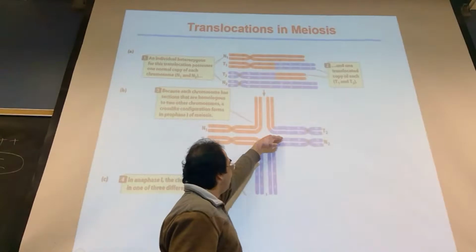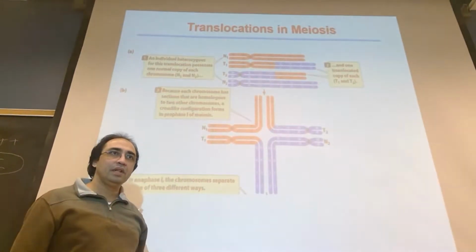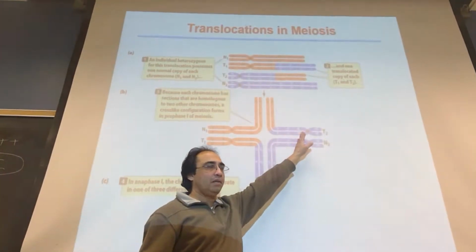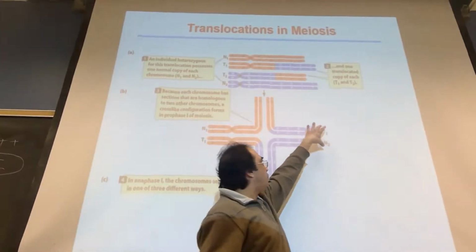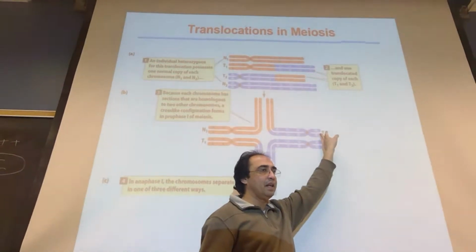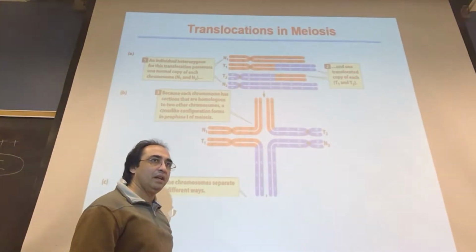Now, these 2 can separate to that way, these 2 can separate to that way, that is possible. These 2 can separate to that way, these 2 can separate to that way, because if the polar spindles are here, from one pole the spindles are here, and one pole the spindles are here, they can separate in that way.